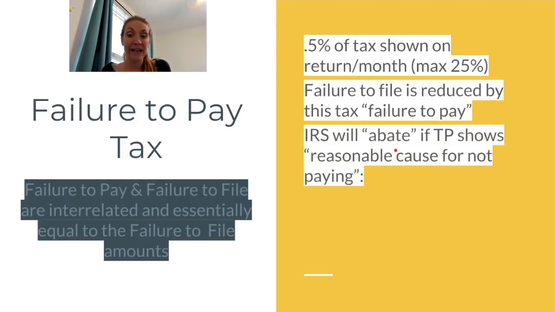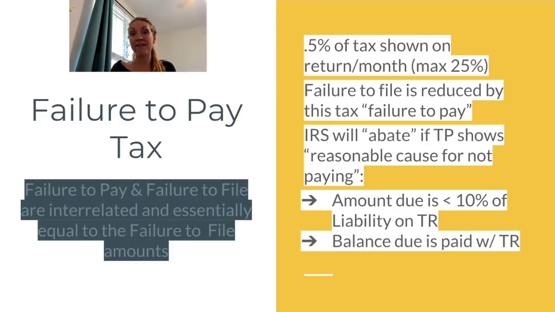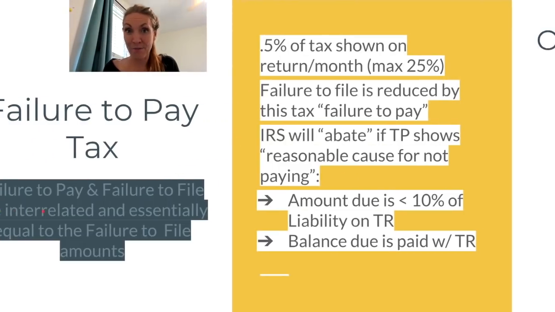IRS will abate this failure to pay tax if the TP, taxpayer, shows reasonable cause for not paying, which is automatically shown by the amount being due is less than 10% of tax liability on the tax return. So they owe less than 10% of tax, and the balance due is paid when they file the return. Then this failure to pay tax is not applied.